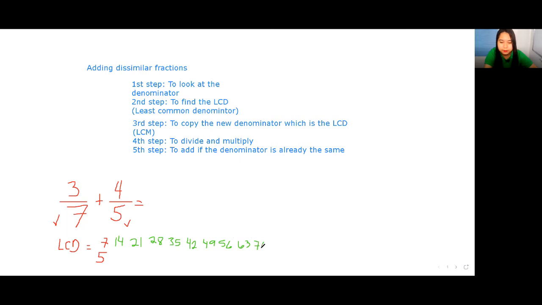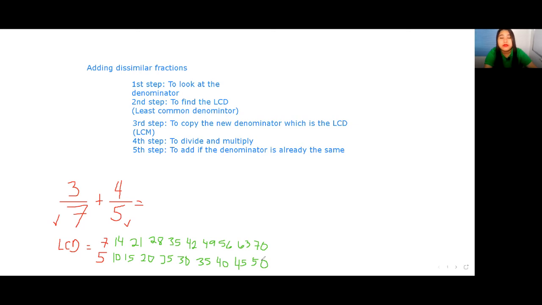Okay. And then for 5, what are the multiples of 5? 10, 15, 20, very good, 25, 30, very good, 35, 40, 45, okay, 50.